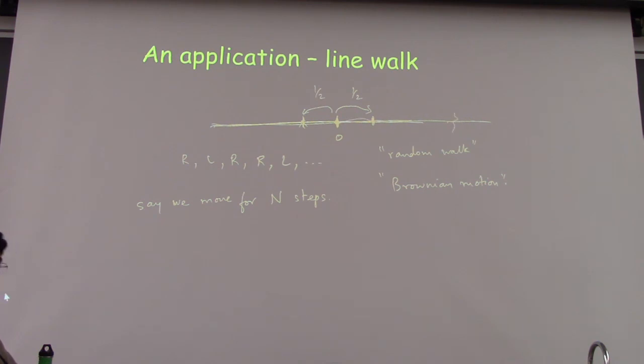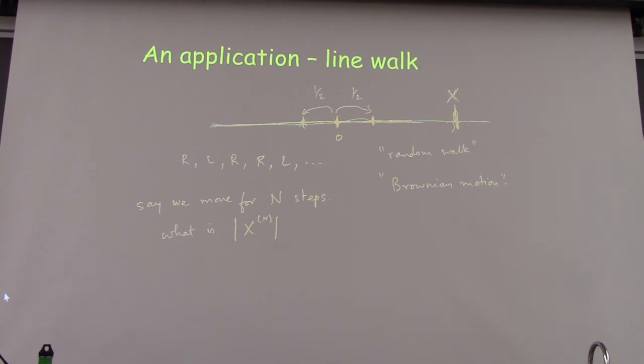After you move forward, you move backward, and so on, how far away are you? If your position after n steps is x superscript n, then what is the absolute value of x superscript n?